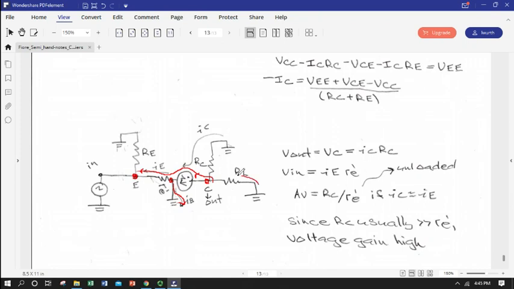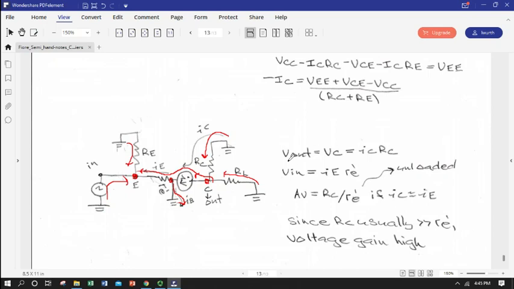So current's going to flow from ground over the load and over R sub C. So V sub C is going to be a bit below ground in that sense, and we're going to have input current flowing in this direction. So basically we have two negatives that cancel, so we don't get an inverted signal.